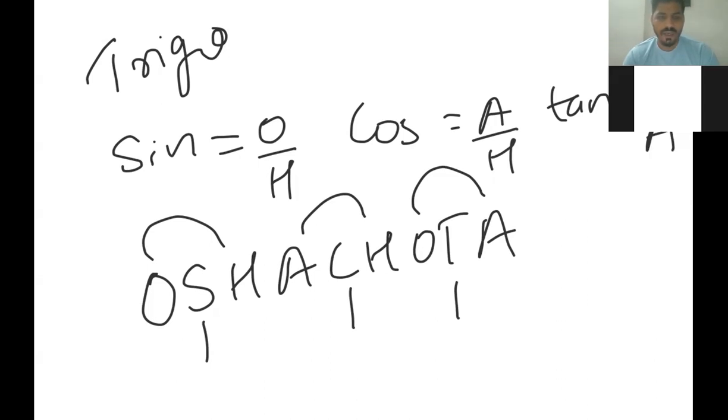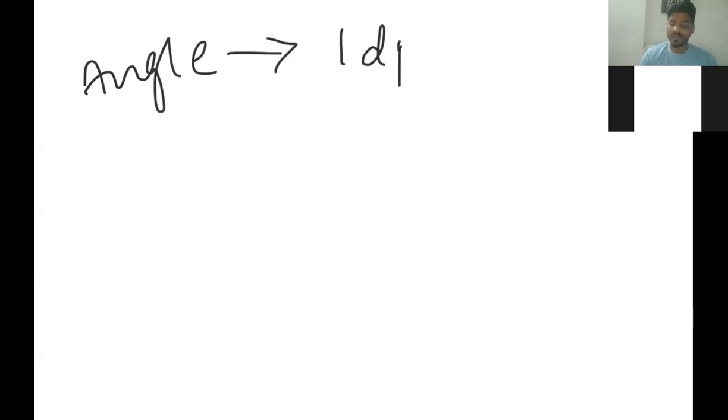We have to make sure one simple thing. Whenever you're solving any questions with regards to trigonometry, if you are measuring any angle, that angle needs to be to one decimal place, not more than that.